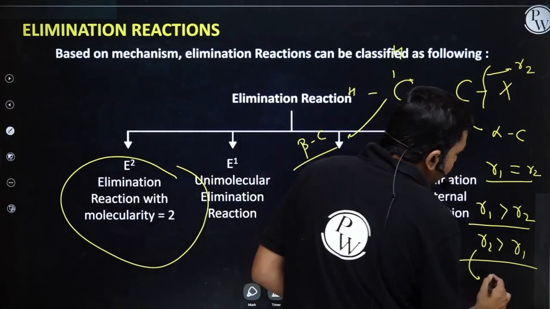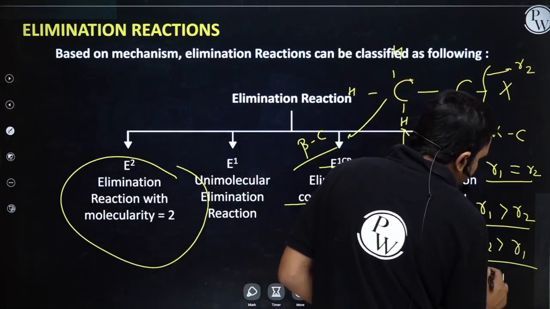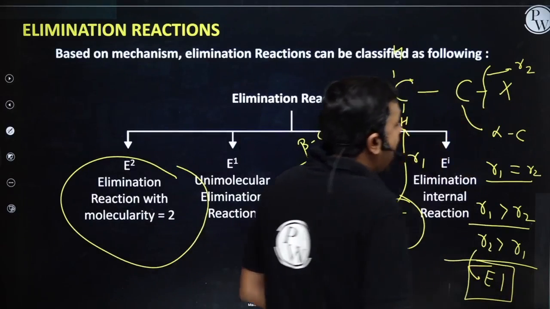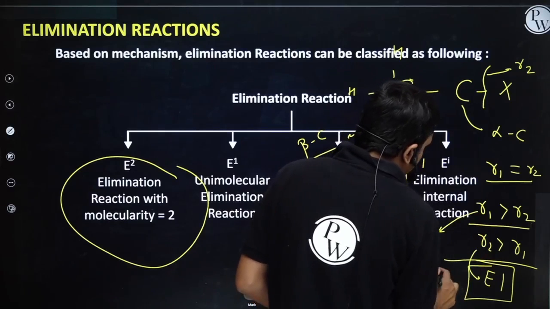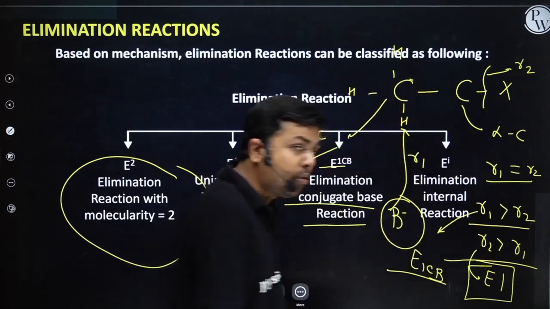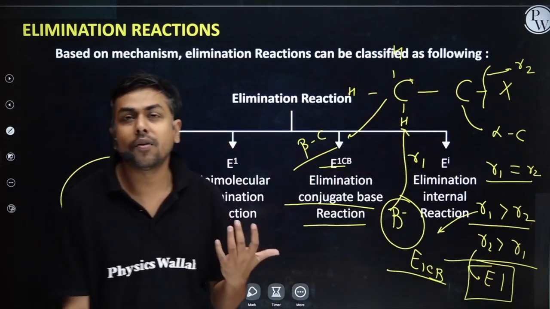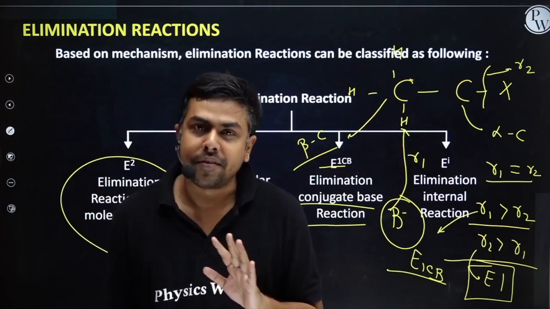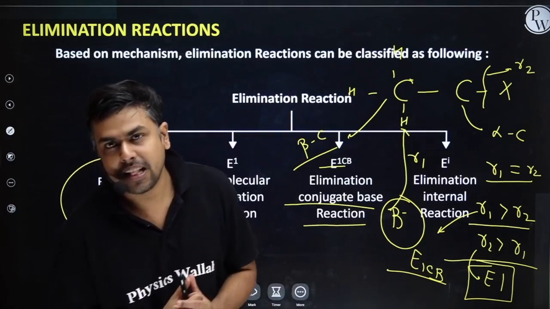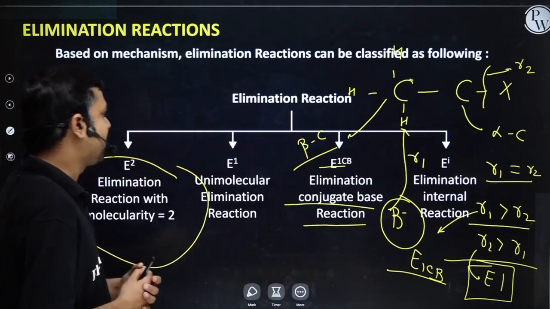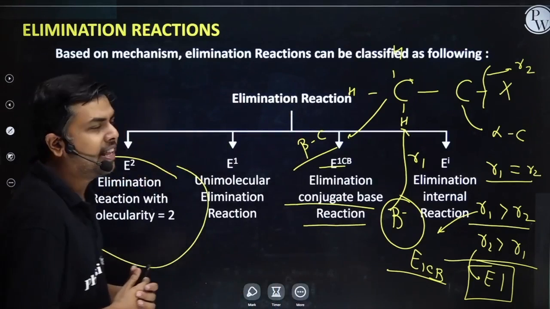So R2 greater than R1, the reaction will occur via E1 pathway. R1 greater than R2, reaction will occur via E1CB pathway. And R1 equals R2, the reaction will occur via E2 pathway. Am I clear?